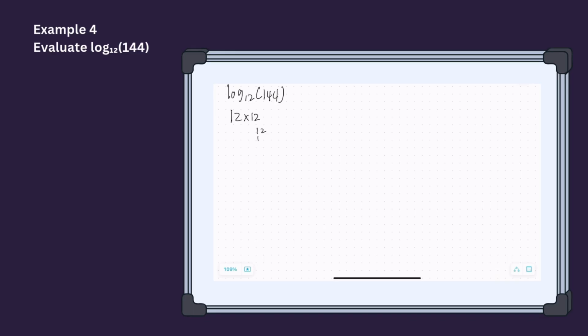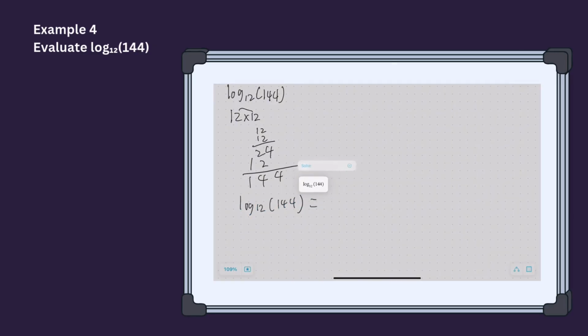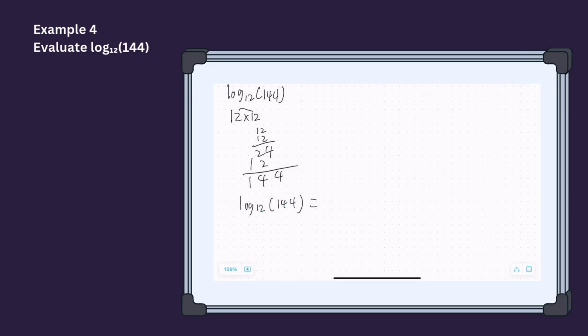So 144. How many times was it multiplied? 2. So our final answer will be log to the base of 12 of 144 equals 2, the number of times 12 needs to be multiplied in order to get 144. So this is our final answer.